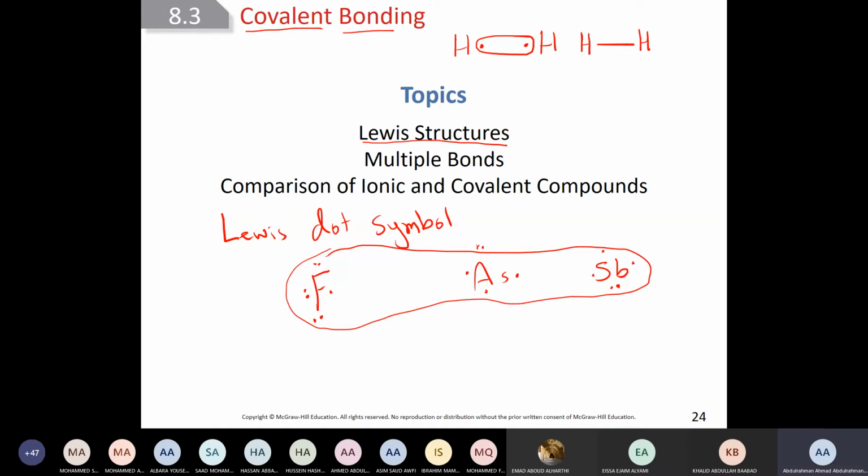Single bond, and we'll draw it like this. If the sharing of electrons is done by 2 electrons and 2 electrons from the dot symbol, then we're going to have what's called a double bond, like this.